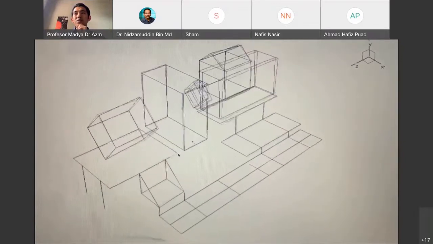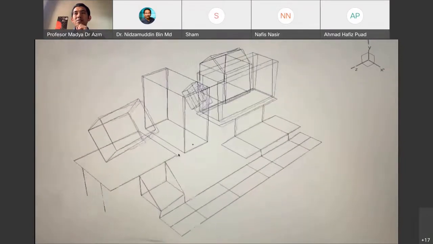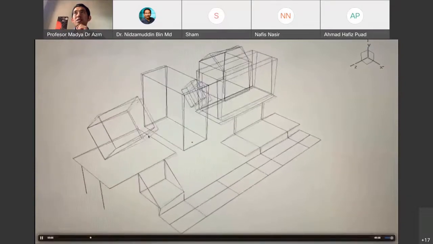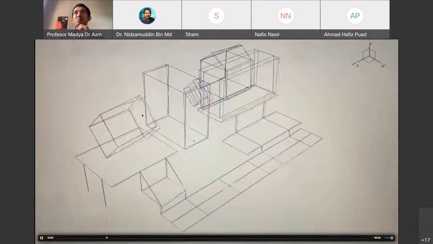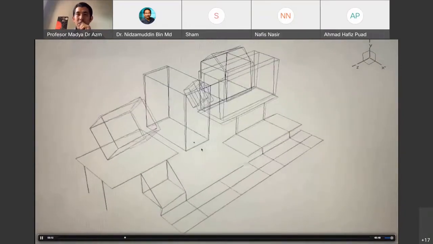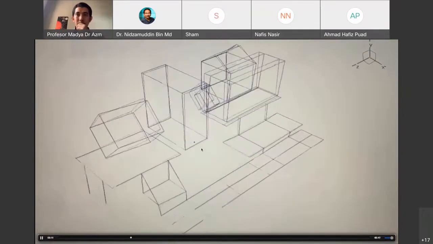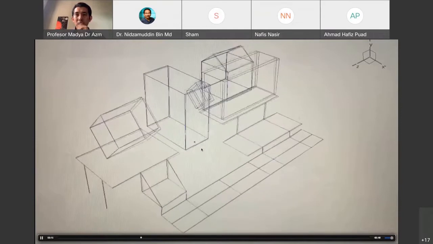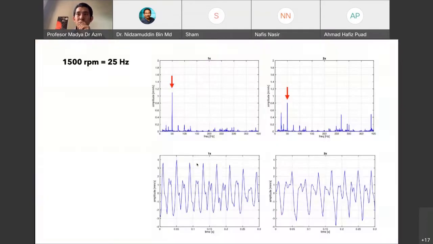This one is from the other side. We can see here that if this one is moving to the left, this one is moving to the right. So we suspect something dealing with misalignment. Misalignment is in the coupling between the motor and the gearbox. It's not straight, so something is not aligned.